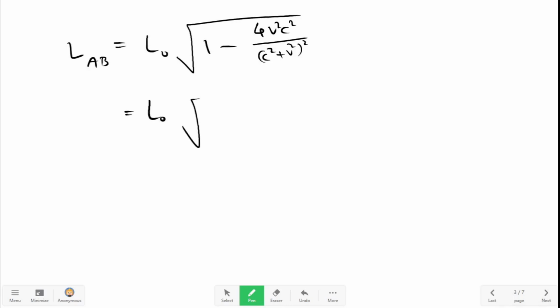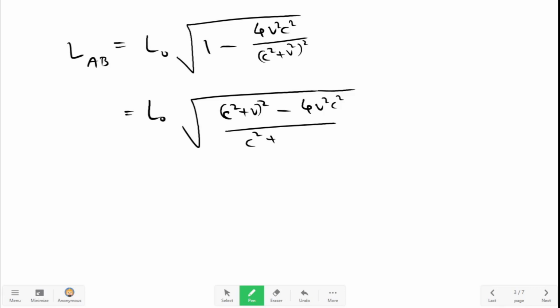L0 times root of C square plus V square the whole square minus 4V square C square divided by C square plus V square the whole square.